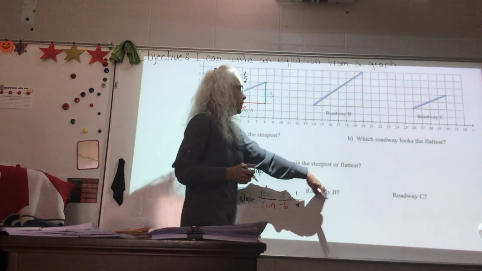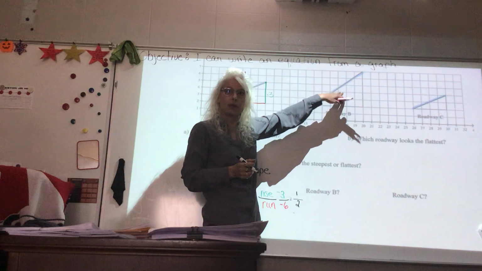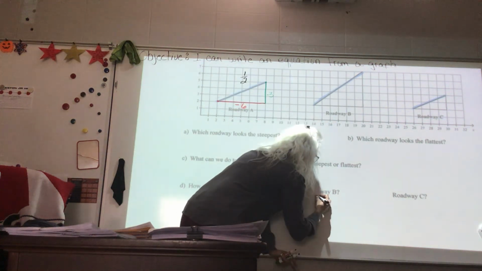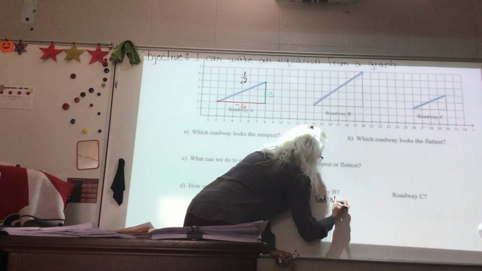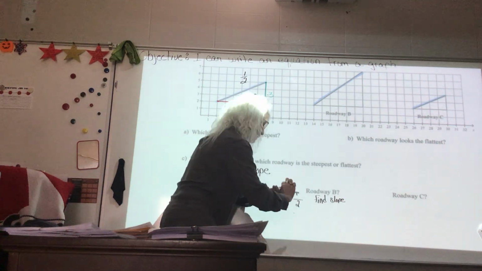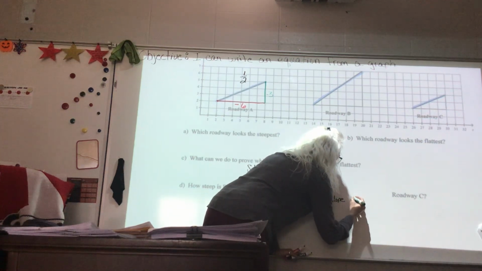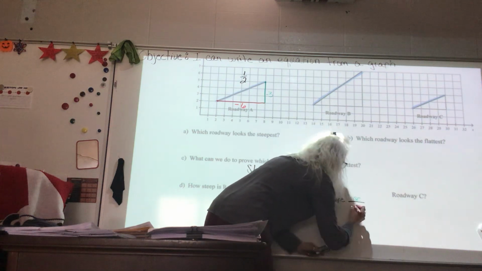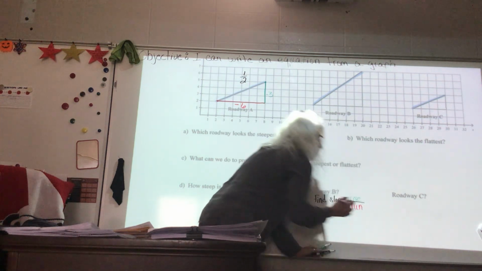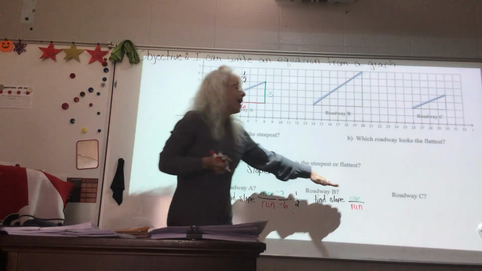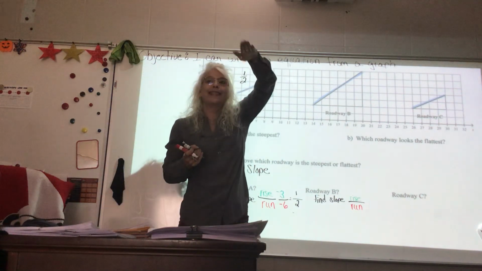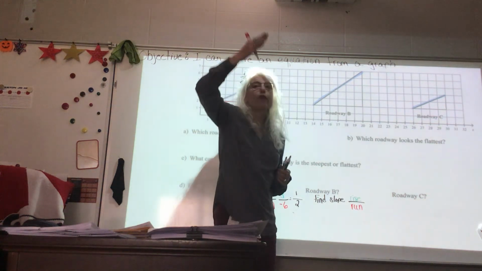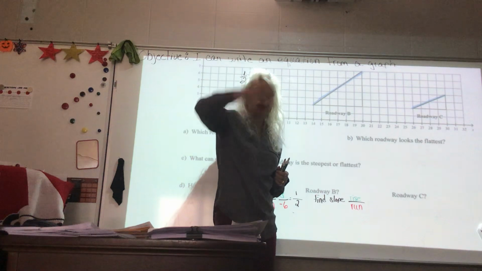For roadway B, I want to be able to compare it to roadway A. So I'm going to find the slope by doing rise over the run. To find the rise, I just want to know the change in the height, that vertical change.